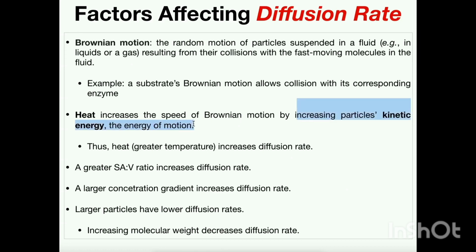Kinetic energy is the energy of motion, and the best way to increase kinetic energy is to increase the temperature. So when you increase the temperature of a solution, the particles in it start moving faster. And when the particles move faster, that increases their rate of movement and therefore increases their rate of diffusion. What we're actually going to do right now is take a look at an animation, and hopefully you'll get a good understanding of how heat increases the diffusion rate.